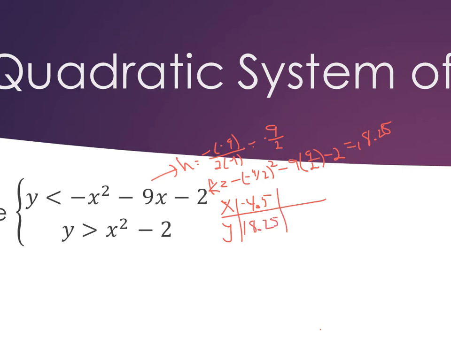Okay, so if it were me, I would probably pick values left and right of that vertex. Let's try, I don't know, negative 3.